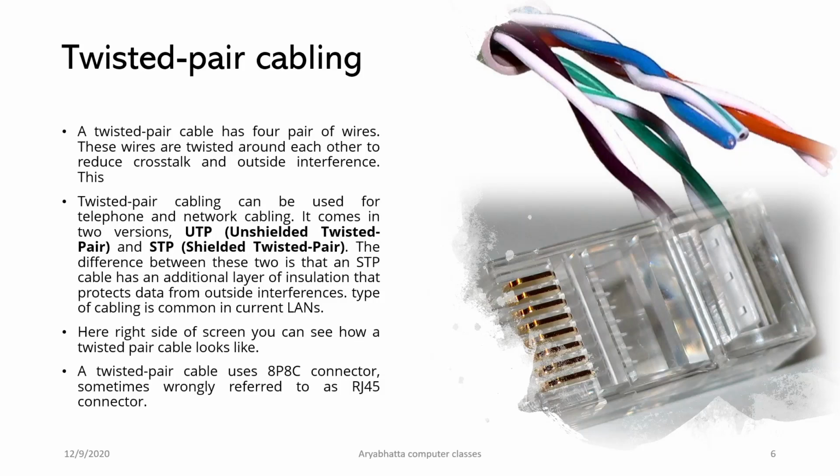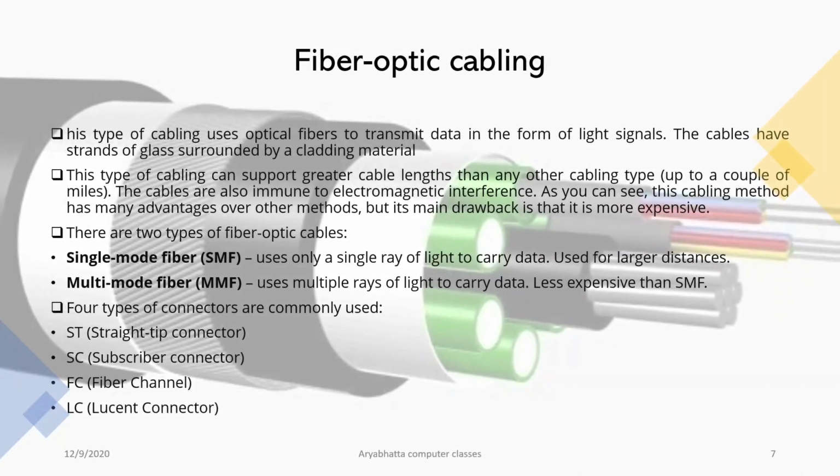The difference between these two is that an STP cable has an additional layer of insulation that protects data from outside interference. This type of cabling is common in current LAN networks. Here on the right side of the screen you can see what a twisted pair cable looks like. A twisted pair cable uses an 8P8C connector, sometimes wrongly referred to as an RJ45 connector or Ethernet connector. It's a registered jack 45, RJ45.